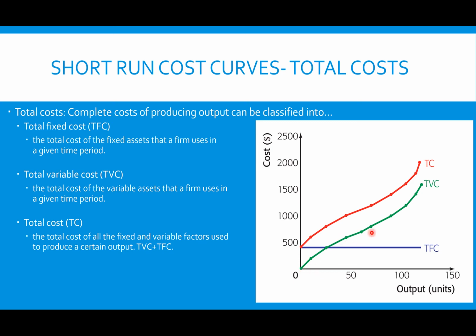It's kind of curvy. I am going to explain why this is happening. TC is TVC plus TFC, so you have TVC, and this is moved vertically upwards by the value of TFC. Zoop, that's it. It's pretty easy to draw.